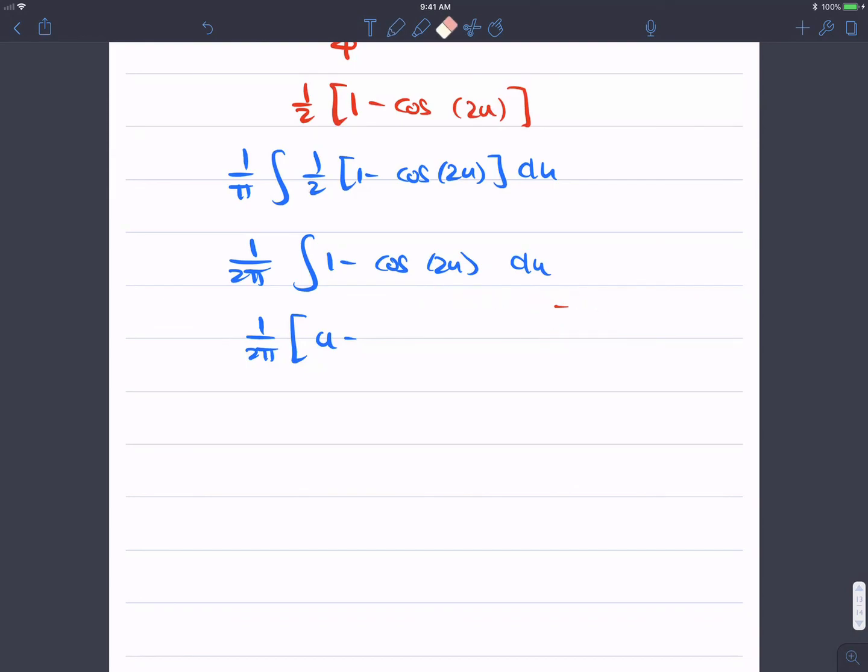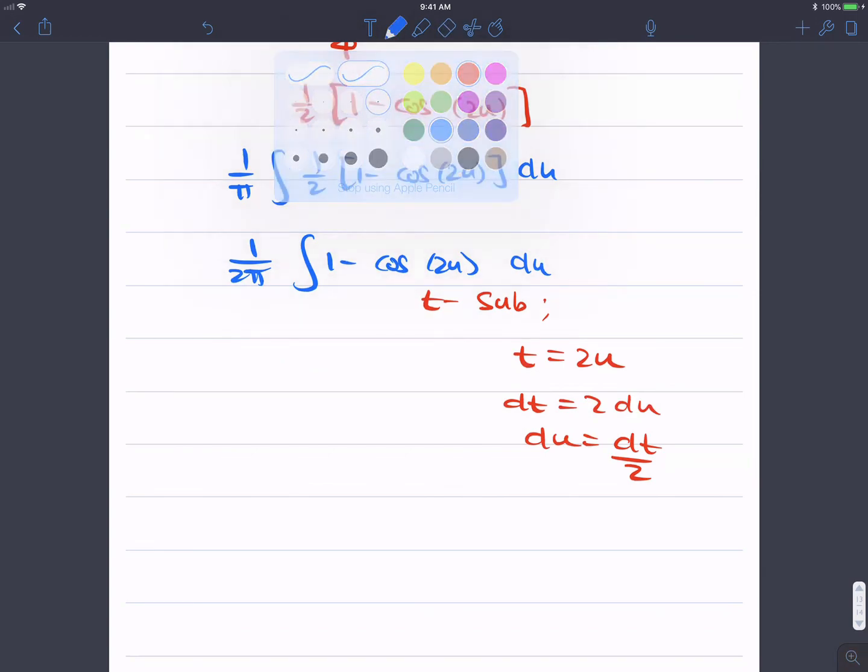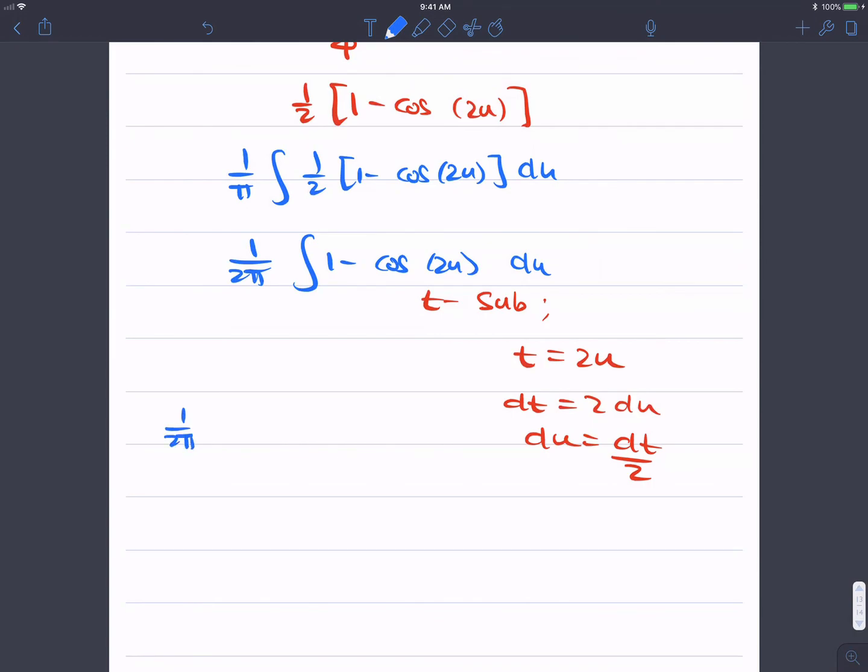Can't call it u. Call it t sub. T is 2u, dt is 2 du, du is dt over 2. So maybe we'll do some details here. 1 over 2 pi integral du minus 1 over 2 pi integral cosine 2u du.